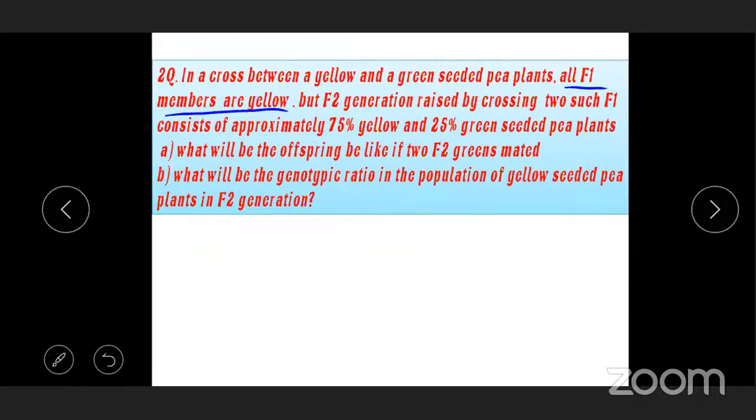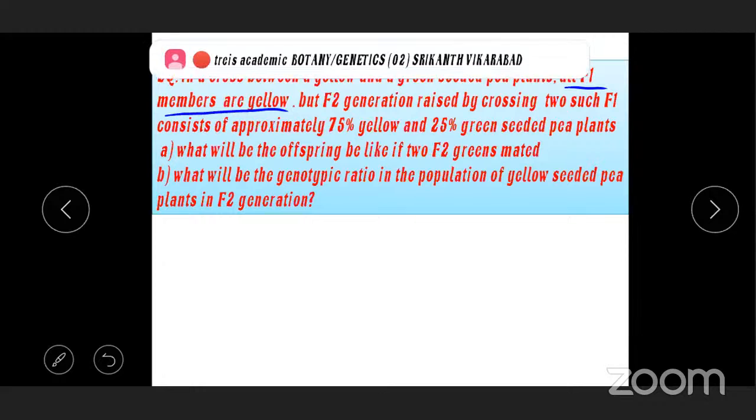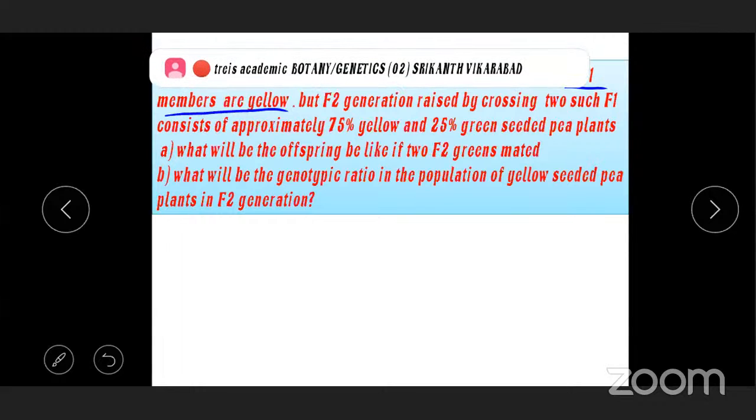What is the other sentence? But the F2 generation raised by crossing two such F1 consists of approximately 75% yellow and 25% green seeded pea plants.